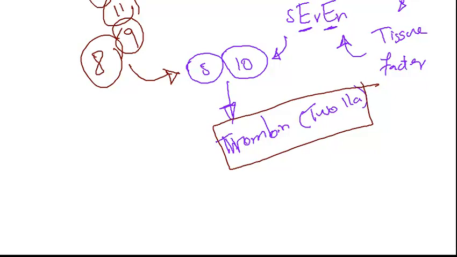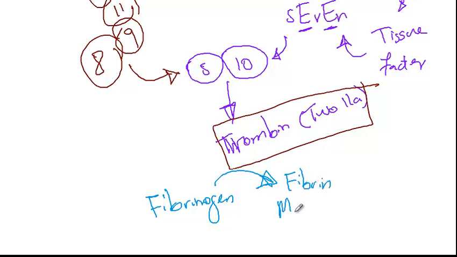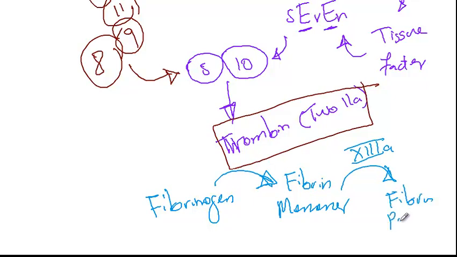The function of thrombin is to convert the inactive fibrinogen into fibrin monomers. And then fibrin monomers, with the help of factor 13, will convert into fibrin polymers to form a fibrin mesh and strengthen the blood clot to form a hard blood clot.